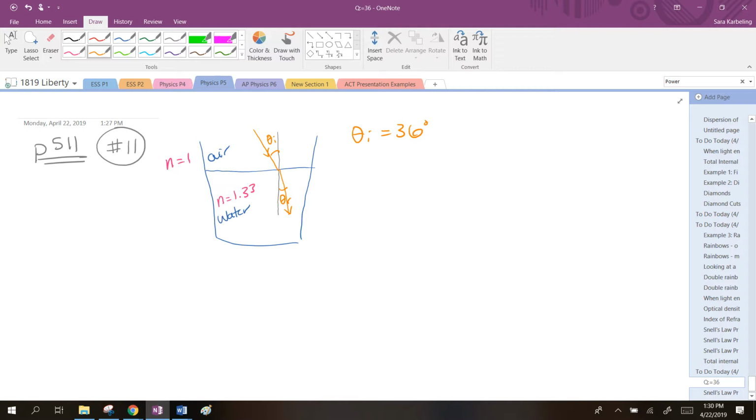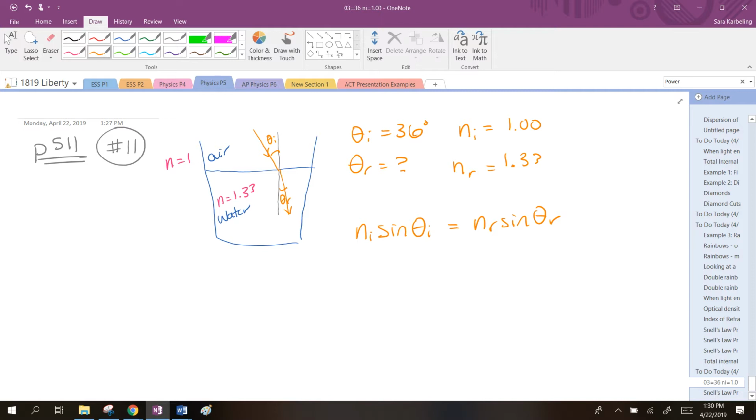So you've got theta I is 36. Theta R is what we're looking for. We don't know. Ni is 1. And Nr is 1.33. Those are your givens and your unknown. Ni sine theta I equals Nr sine theta R. We want to solve for theta R.